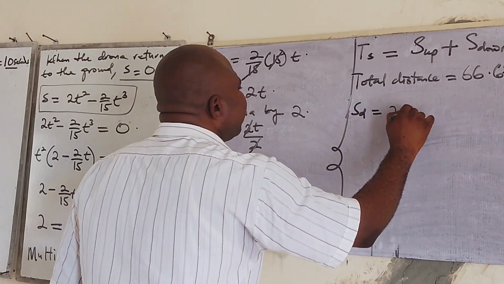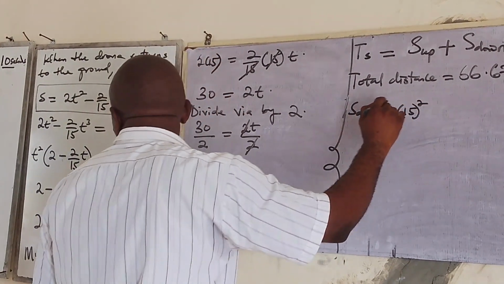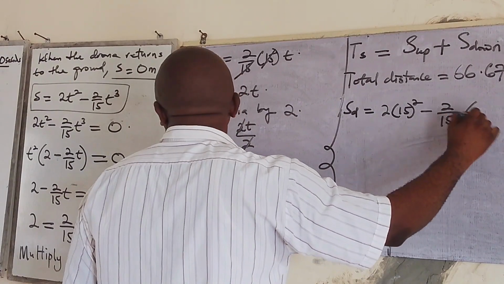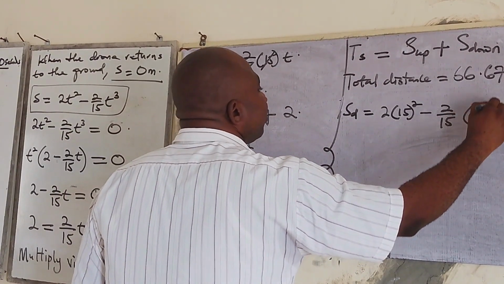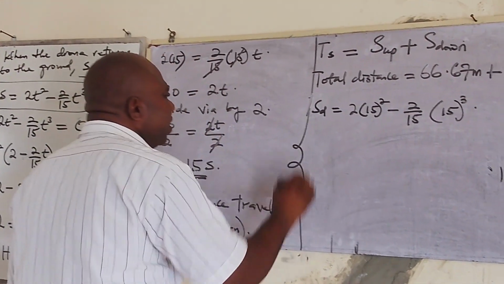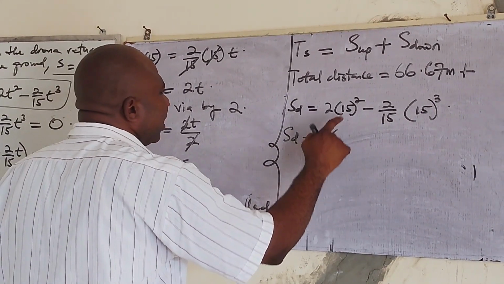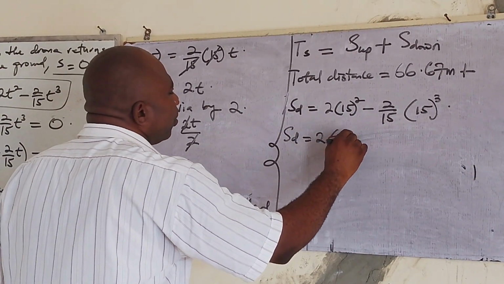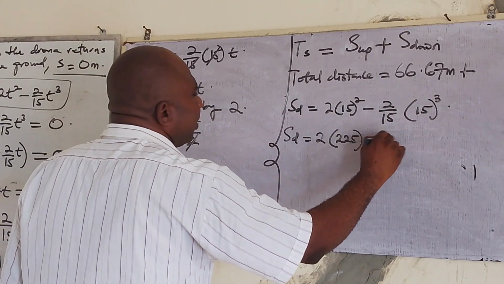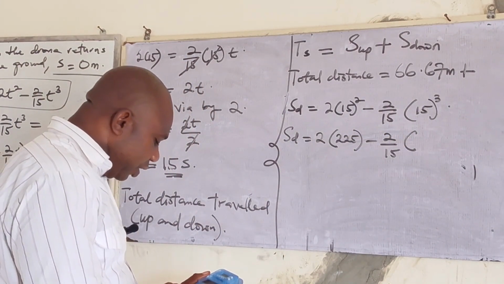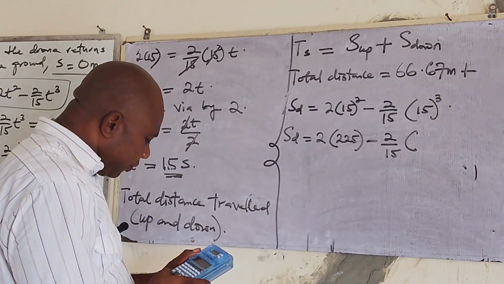So we have 15 squared minus 2 all over 15 times 15 raised to the power of 3.